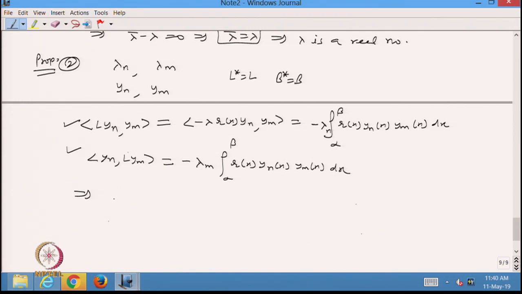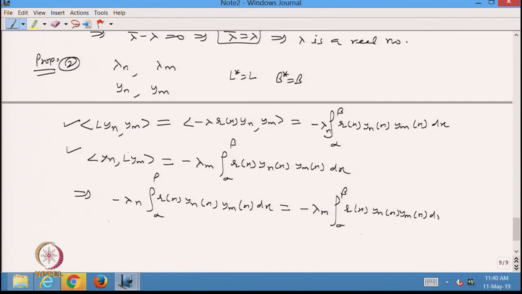So this becomes minus lambda n, r x y n x y m x dx, is equal to minus lambda m, r x y n x y m x dx.